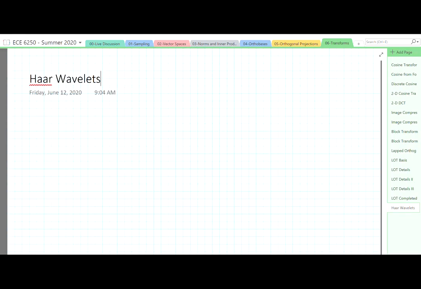And the two communities found each other sometime in the mid-90s. But wavelets are a really powerful tool for signal representation, so let's get started.